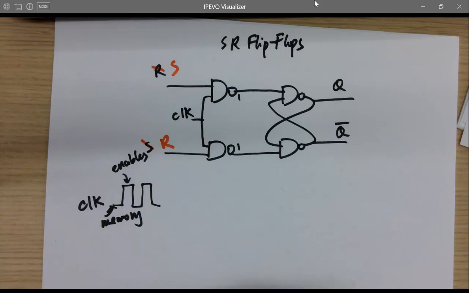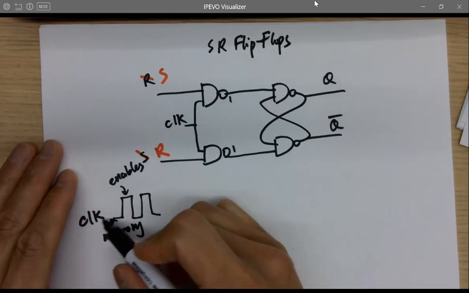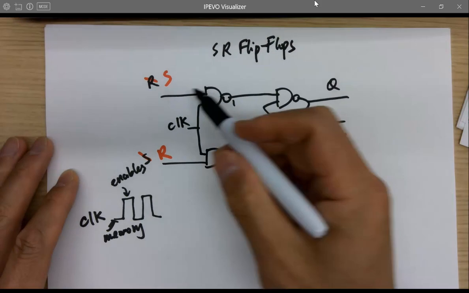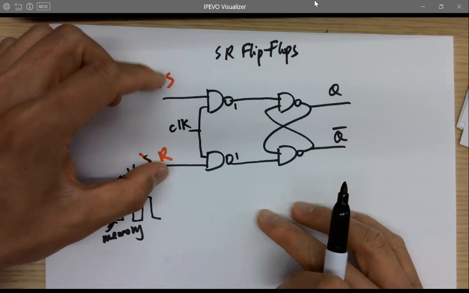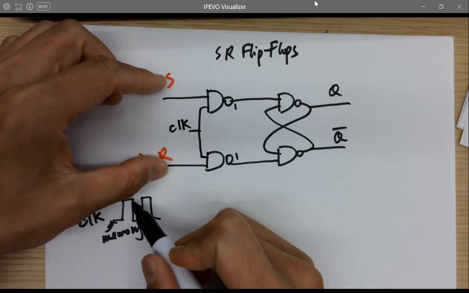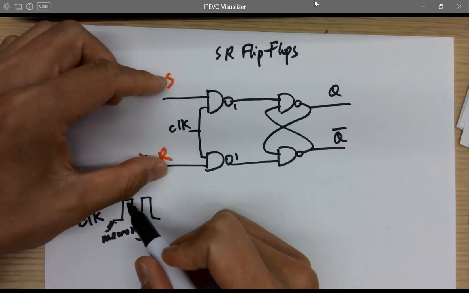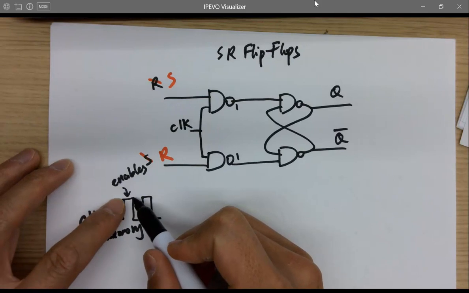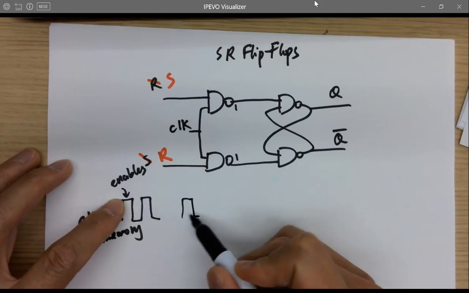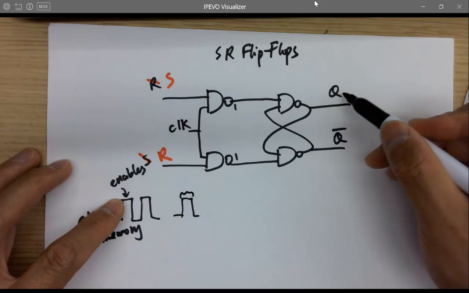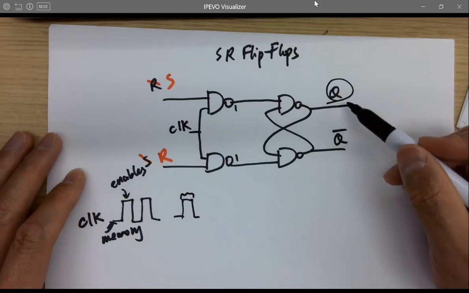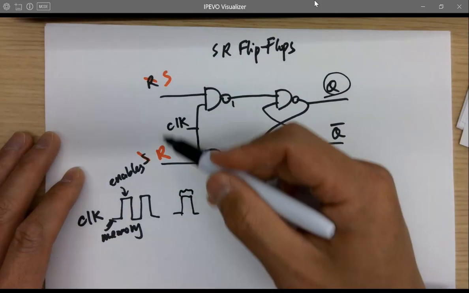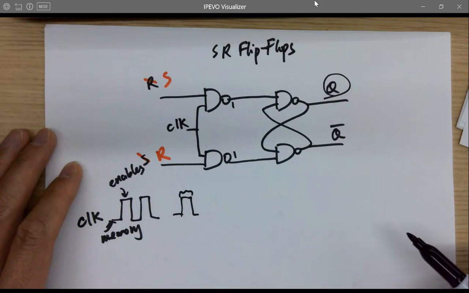Because when you have to toggle your clock really quickly, it's also not really resistant to noises. If the S and R get changed, and at the same time your clock is on, and most of the time the clock will be on for a while, right? During that time frame, your output Q will likely be changed at the same time when S and R are affected by any of the noises.